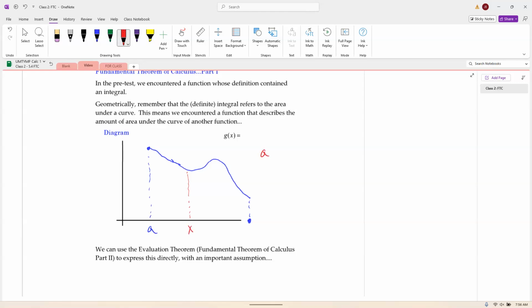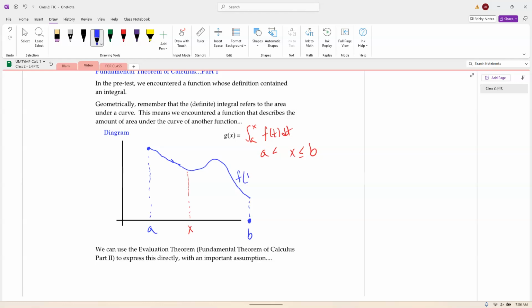So x can't be any smaller than a, because then we don't have an area, but it is no larger than b. And we're looking at how the area changes as we change from a to x of this function, the integral of f of t dt. And I should add in a few more labels here. This was b, and then this would be our function f.